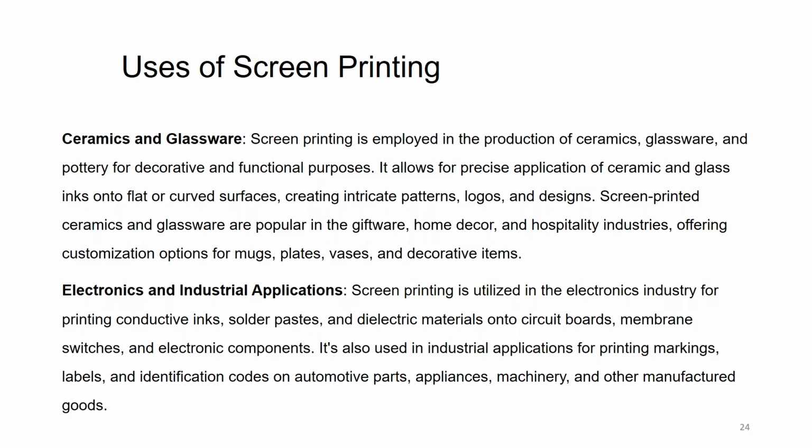It is also used in industrial application of printing markers, labels and identification codes on automotive parts, appliances, machinery and other manufactured goods. So, screen printing is not just restricted to fabric, apparel, textile. It can be extended to ceramic, glassware, electronics and many other industrial application.